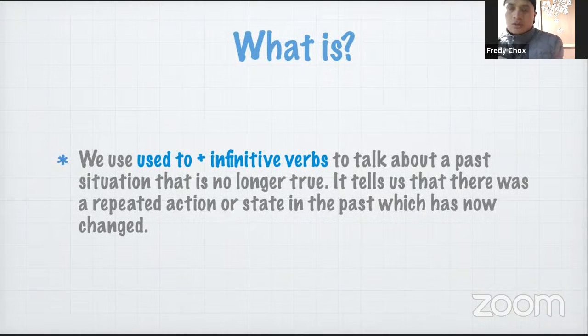We use used to plus infinitive verbs to talk about a past situation that is no longer true. It tells us that there was a repeated action or state in the past which has now changed.